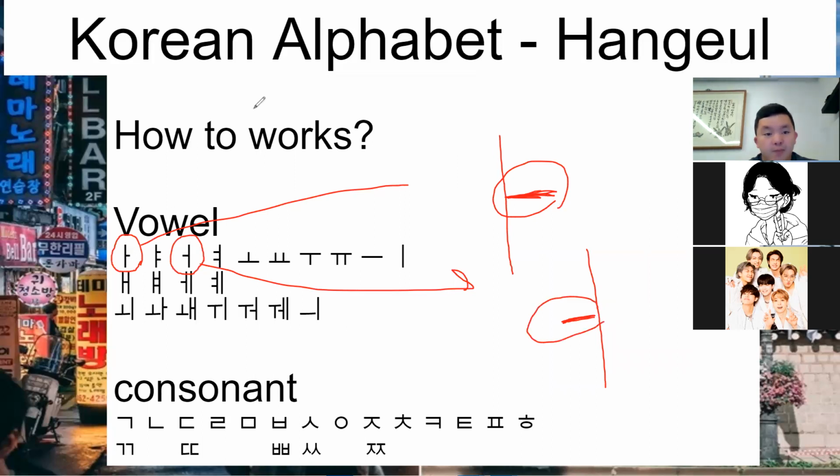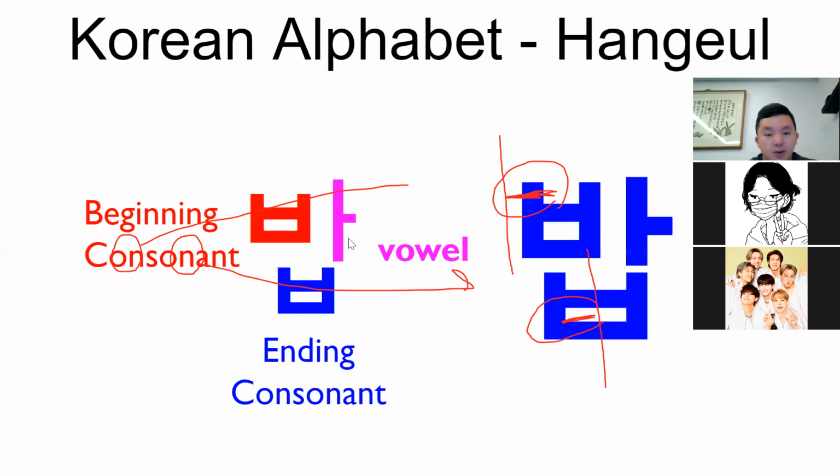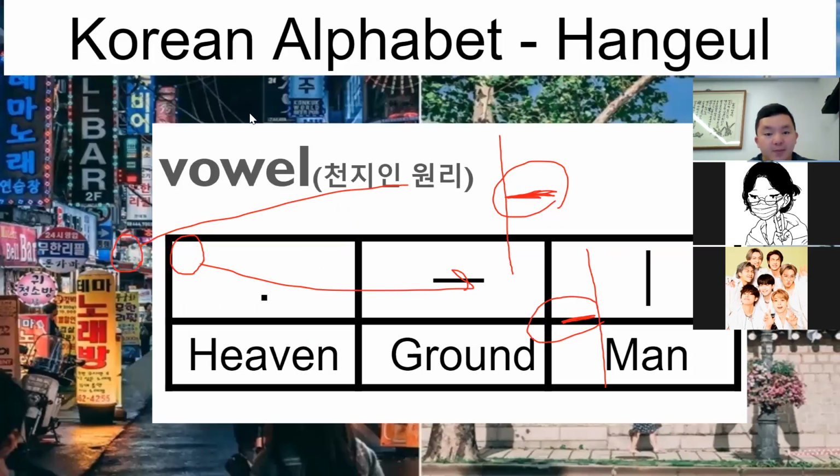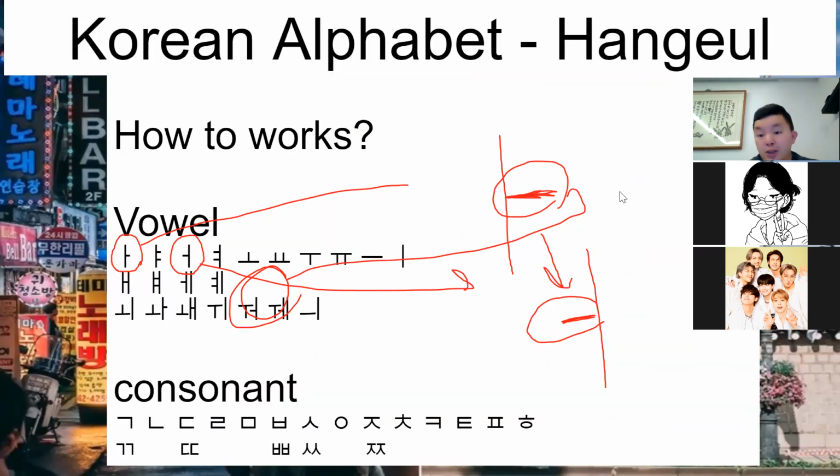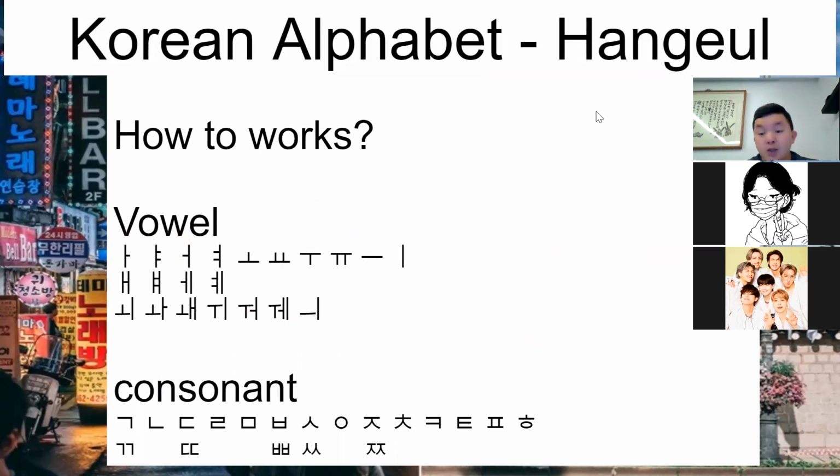Following here, the heaven. This dot is presenting this short line I just made. So let's go back here. You can see this dot presenting heaven based on the Chinese letter. The only difference is the direction. So that's what you need to be careful about. Depending on the direction, it presents a completely different vowel.